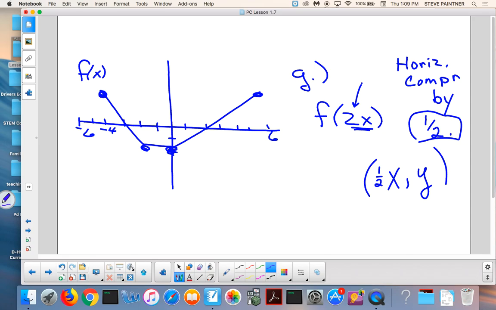And if you look at your x values, negative 4, 2. Where's negative 4, 2 go? Compress it. Push it towards the y-axis. What's it going to be? Negative 2, 2. Right? Okay, what's this one going to be? This is negative 2, negative 2. Cut that in half. Negative 1, negative 2.